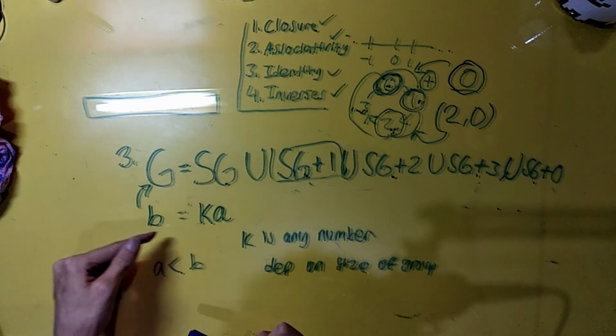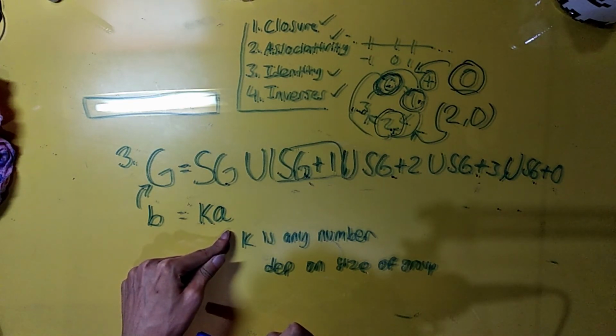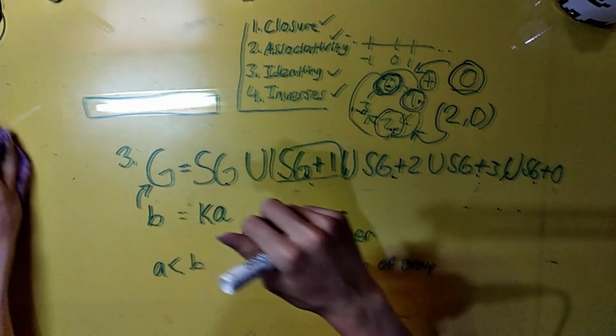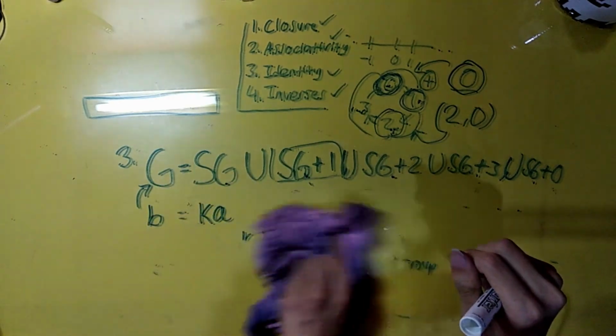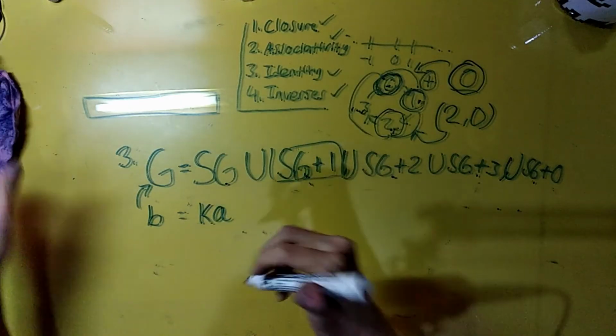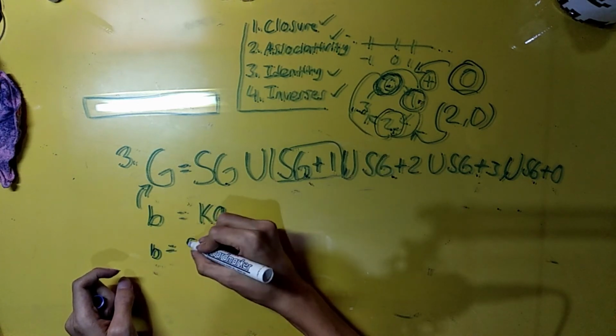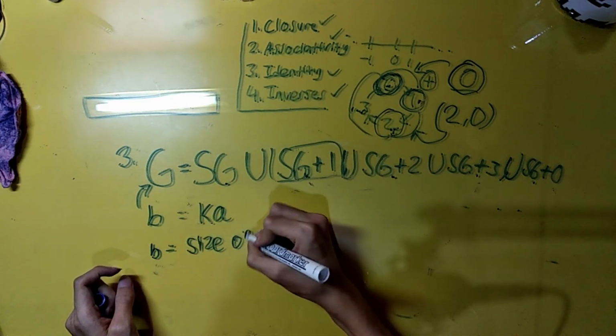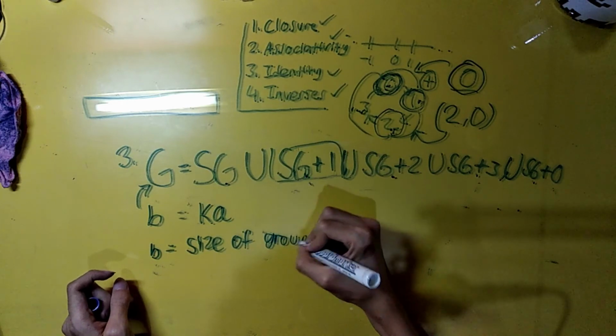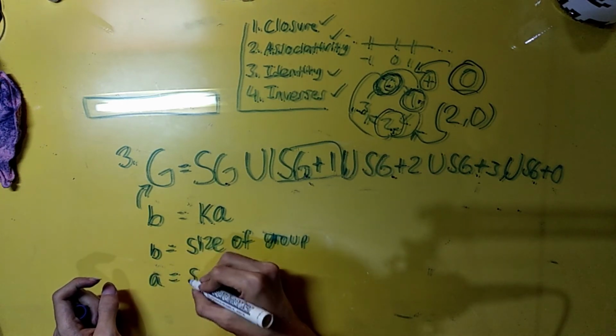Right, so B is equal to KA. I'm going to remind you what B is again. B is the size of the group. What is A? A is the size of the subgroup.